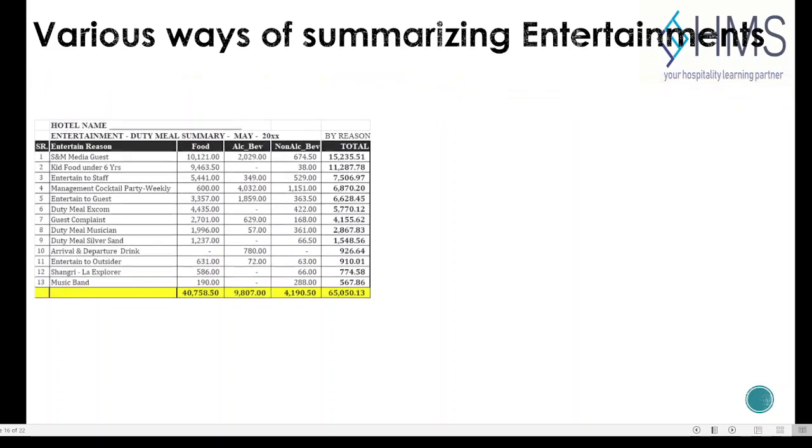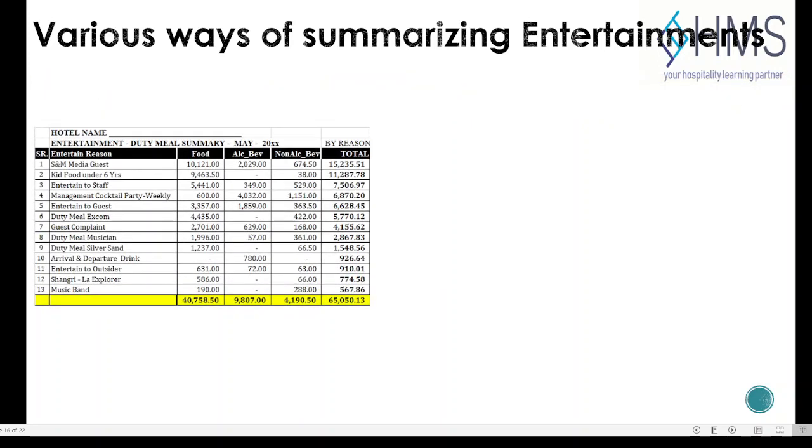One way to summarize the entertainment report is by the reason. What was the reason? And you have to separate into food, alcoholic beverage, and non-alcoholic beverage, so that the cost controller can use this amount to calculate the percentage. Now the entertainment checks usually can be used in multiple outlets, right?